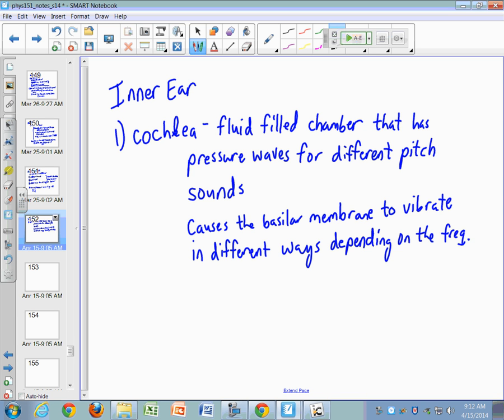Remember, pitch and frequency are the same. A high pitch means a high frequency, low pitch means a low frequency.